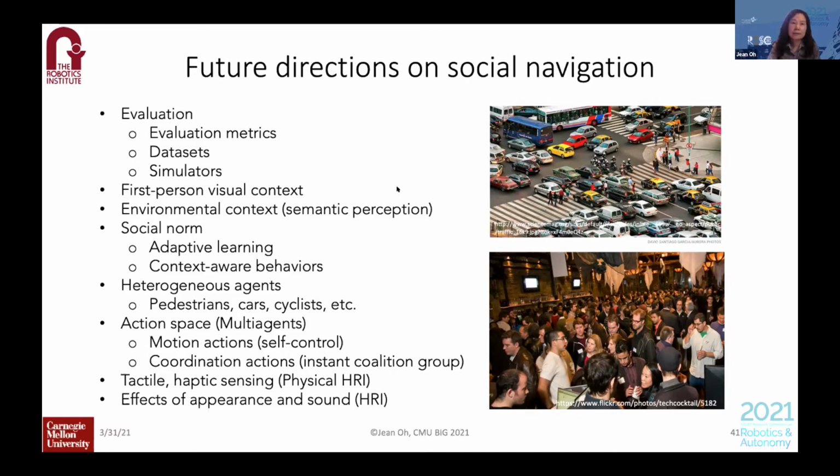The one challenge was the evaluation. Even for the trajectory prediction side, I mentioned that the performance is saturating, which means we need better evaluation metrics, data sets, and benchmarks. The difficulty here is it involves a human.